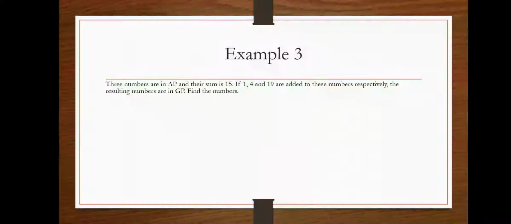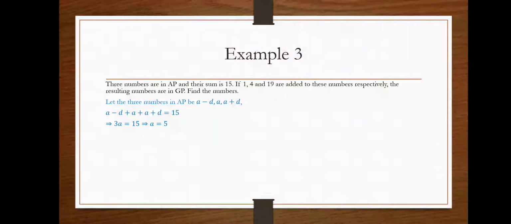So you can see this is a question where both the ideas will be utilized. So at first it is said that the three numbers are in AP. So let me consider the three numbers as a minus d, a and a plus d. Now the sum is given to be 15, so from there I can write that the sum of all these three numbers is equal to 15, and from there solving I get the value of a as 5.